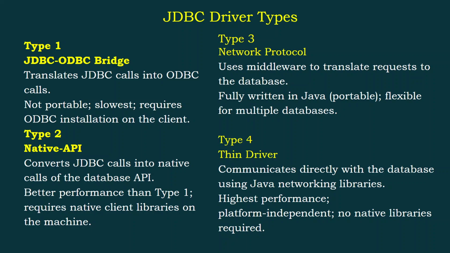It has the highest performance, it is platform independent, and no native libraries are required. That means there is no necessity for built-in libraries to reside inside the client. It is a thin driver, so since it has the network libraries, it will connect the application with the databases on its own, without the need for libraries to be present on the machine. So that's all for the types.